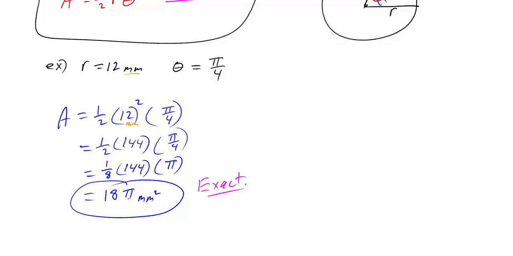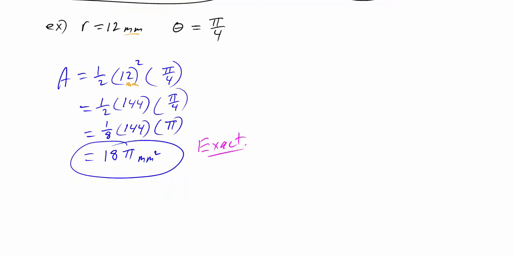Now, you may do that for some examples, but in reality, you're probably going to multiply that out because, as far as area, it's hard to understand what 18 pi square millimeters is. So I would suggest in this case to actually multiply this out.